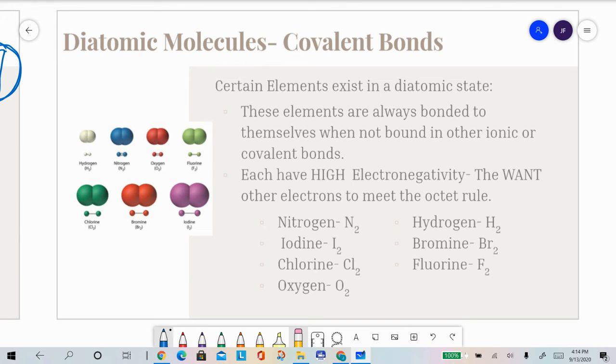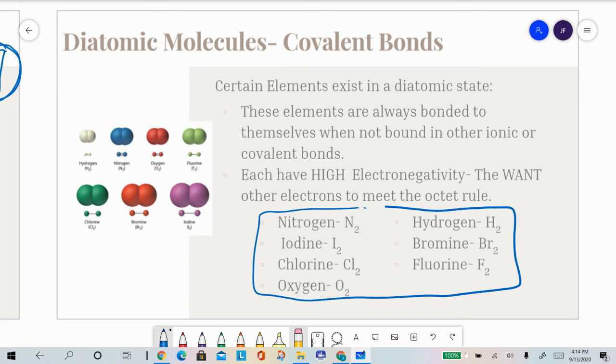There are certain elements, and the list of elements is down here. These elements do not like to be single atoms. They really want to be bonded, so they will bond with atoms of their own kind, and they only exist in this form.